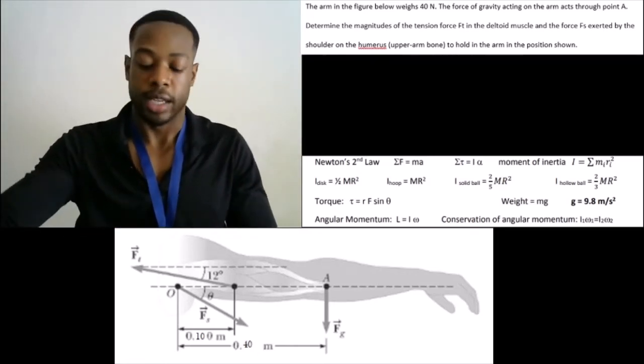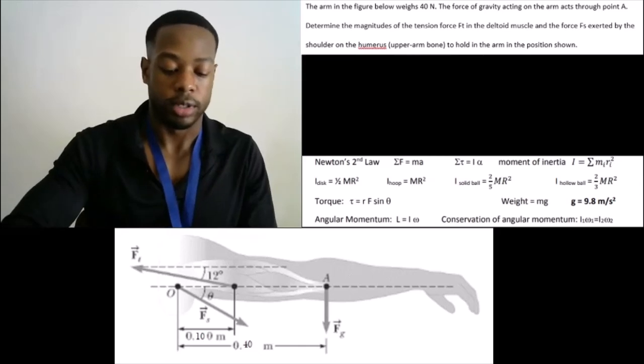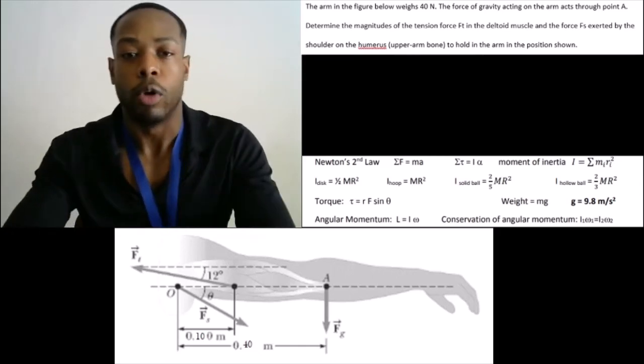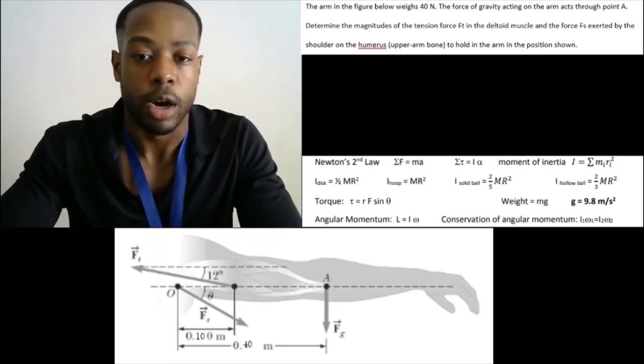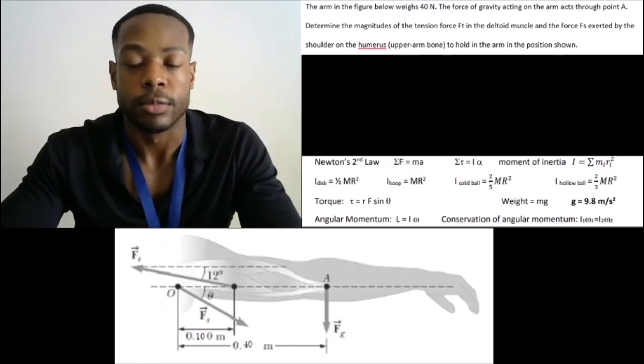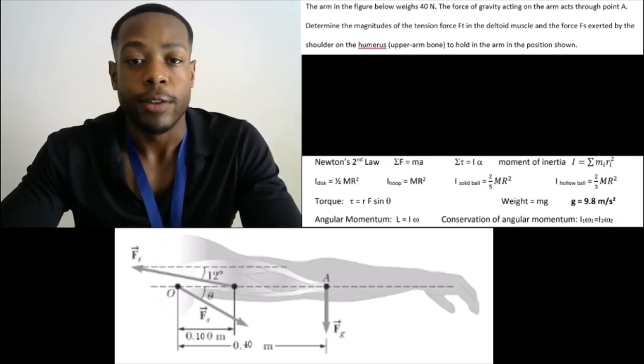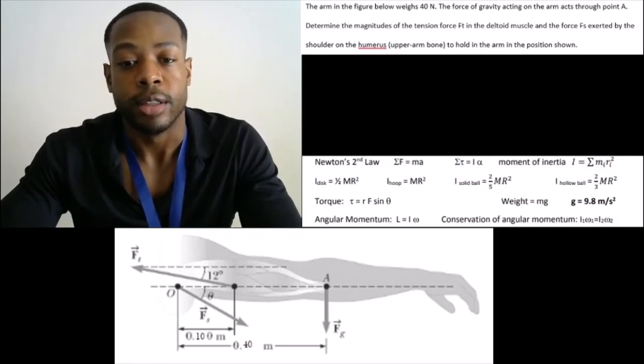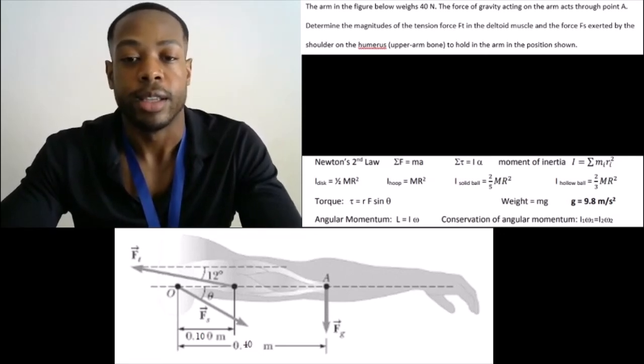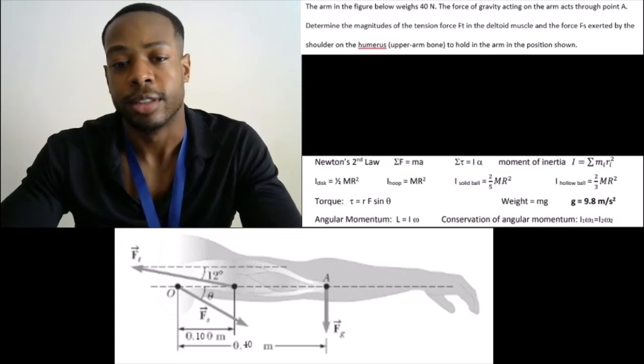What is the idea with torques and forces? What forces can we disregard? So any force acting on the hinge or the axis point, we're going to say provides no torque. So here, the force S, which is acting on the hinge or the origin, is going to have no torque.